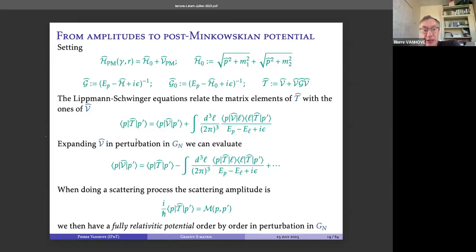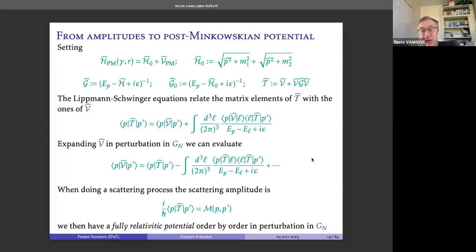Because it's a perturbative expansion, G is small, and V has a small G expansion, which I already presented to you in powers of G to the L plus 1. You can invert that expression. When you invert it, you realize that V is T minus TT, but then dot, dot, dot.